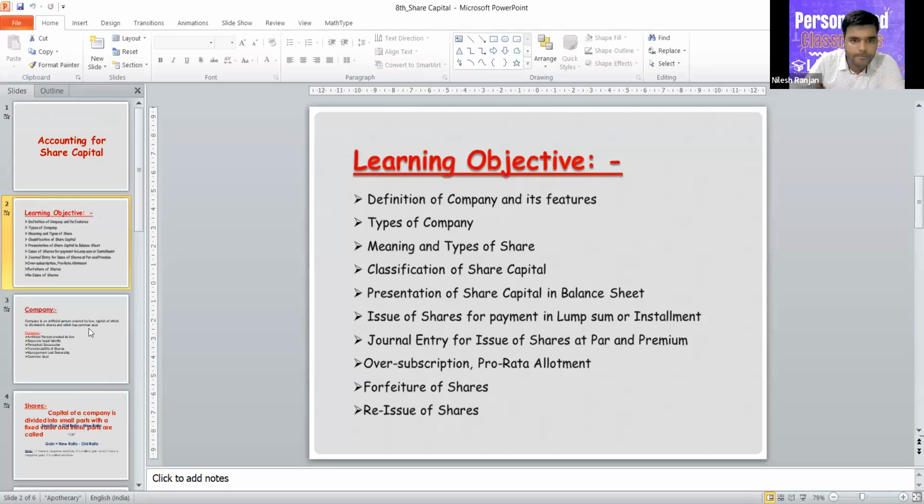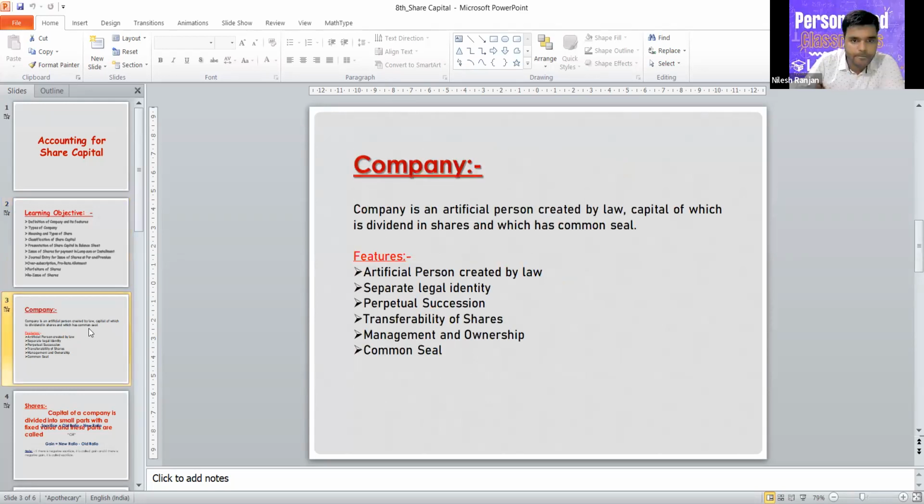It is written: company is an artificial person created by law, capital of which is divided in shares and which has a common seal. This is a very simple definition. You can easily understand. There is one more line that can be attached with it: capital of which is divided into small parts.